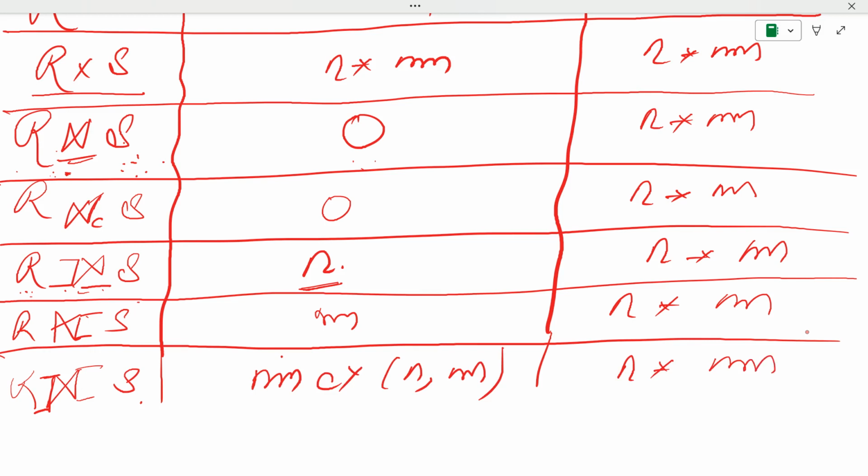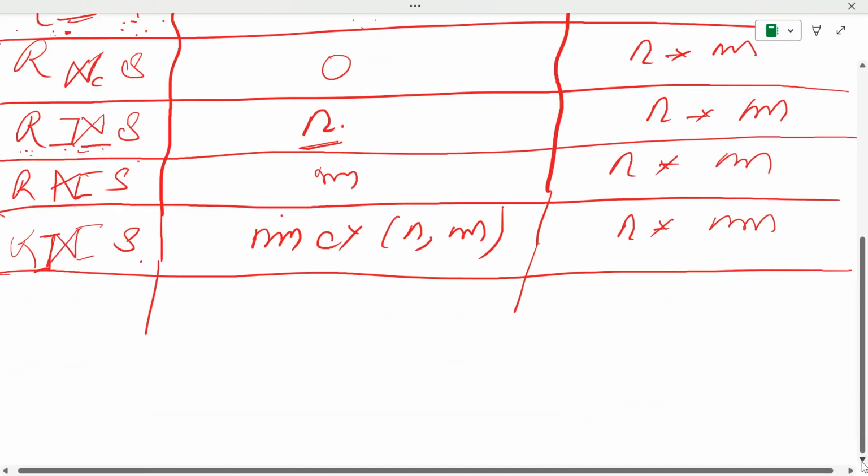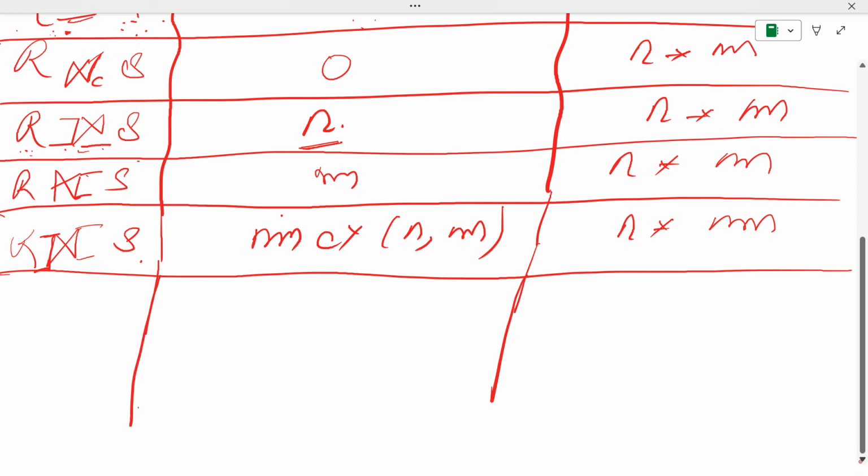For the remaining operators, we will see them next, but let me write them in the formula chart so that it is always there as a reminder. For the union of R and S, the minimum number of tuples is the maximum of n and m, and the maximum is n plus m.